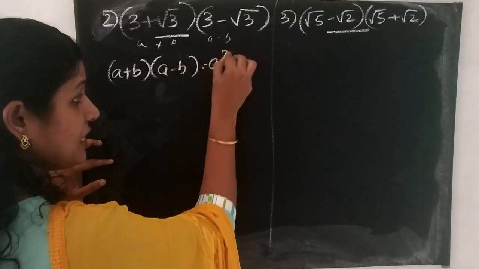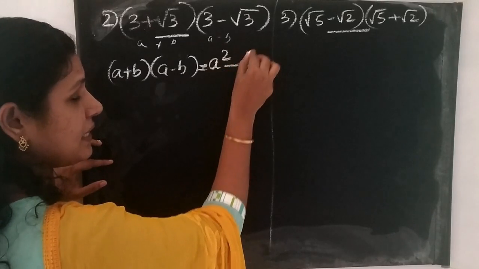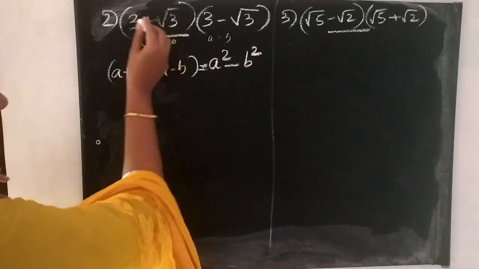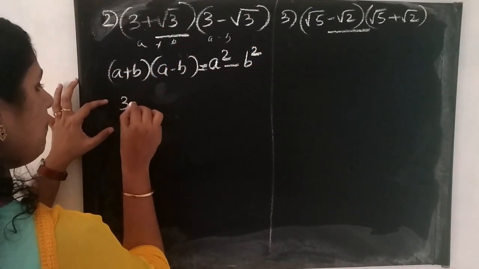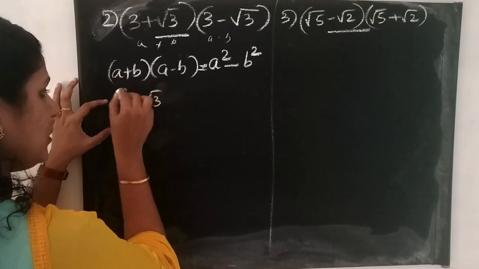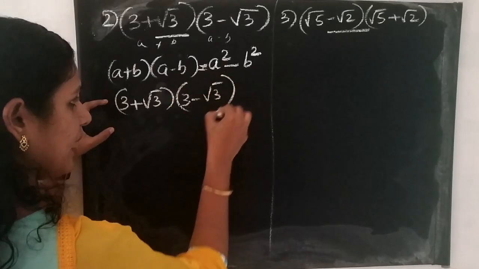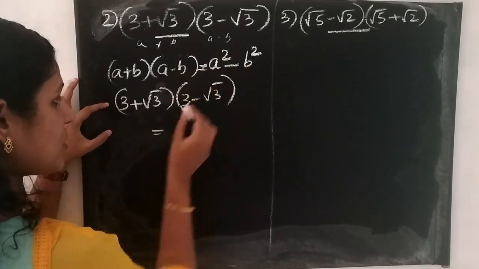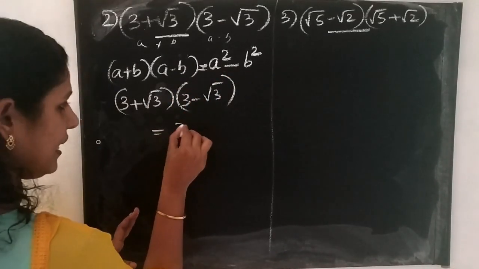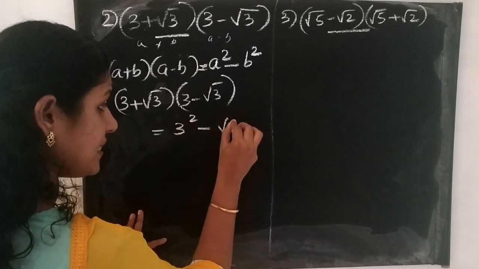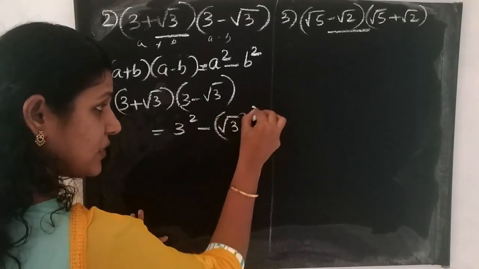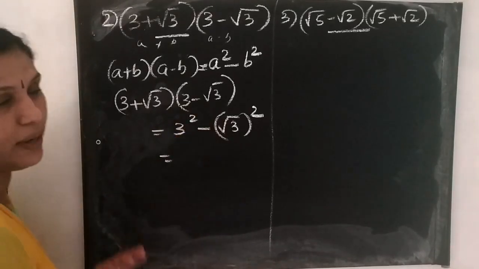That is a square minus b square. Here, 3 plus root 3 into 3 minus root 3, we get a square, which is 3 square, minus root 3 square. Okay. 3 square is what?